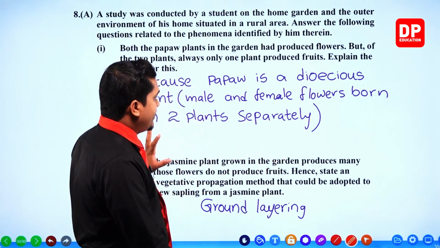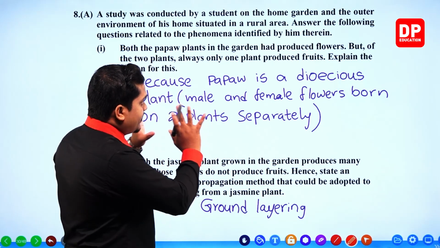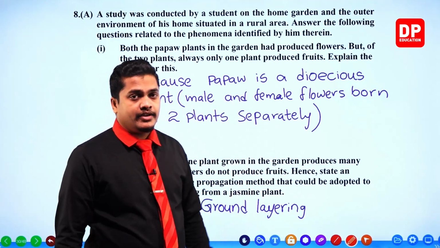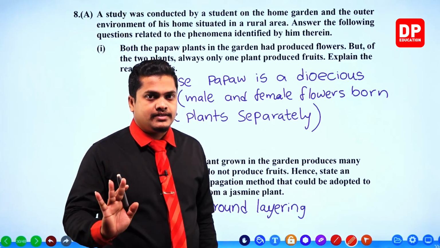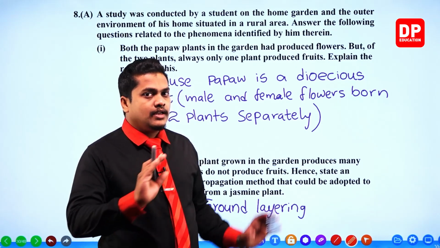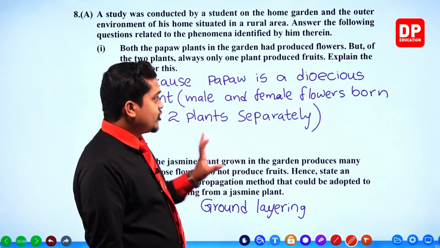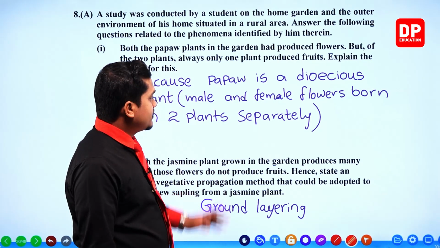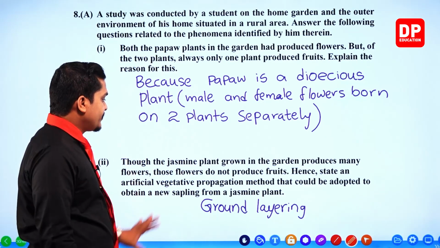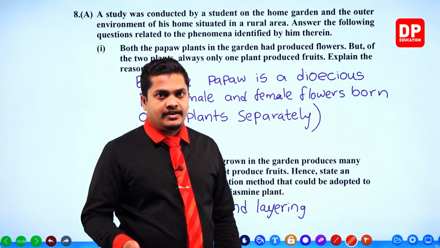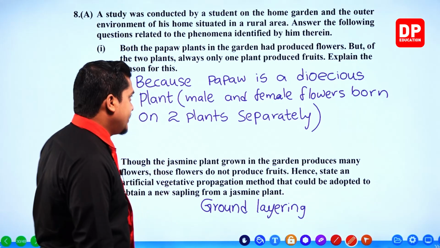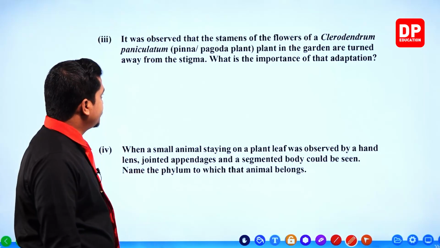That's why we can identify an incident like this, where one pepper plant produces fruits while the other doesn't. It's because the pepper plant is dioecious, which means male and female flowers are born on two plants separately. Then the next one, for the jasmine, the best method of artificial propagation is ground layering. Right? Then we'll head on to see the next question.